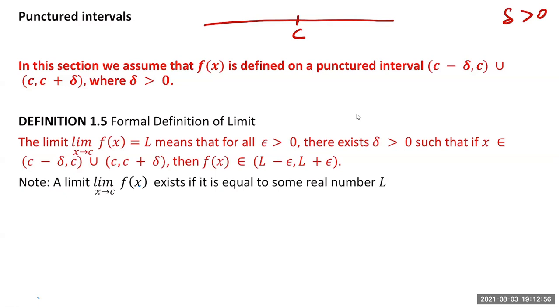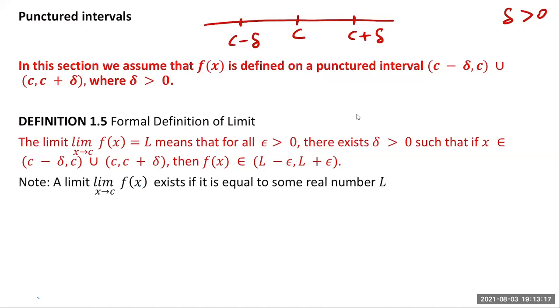Delta is a positive number. Think of that as a length. And then I take the point C plus delta. That should be to the right of C, right? Because it's a bigger number. And I take the point C minus delta. I subtract delta from C, then I should get a point to the left of C.